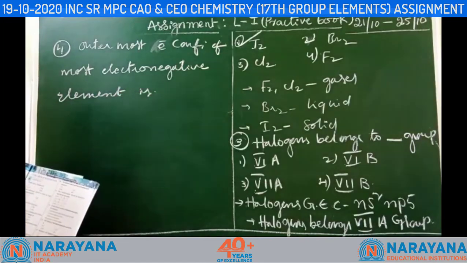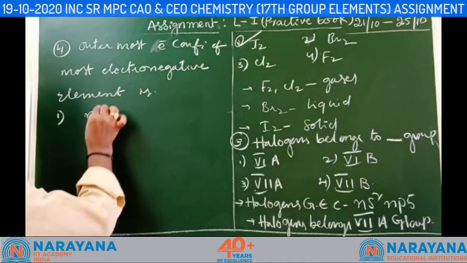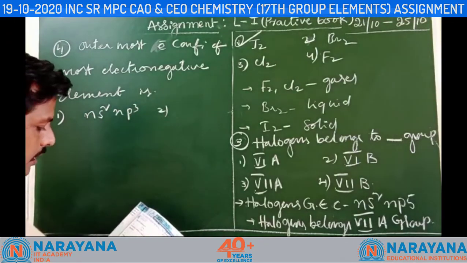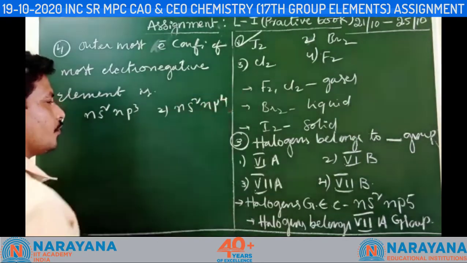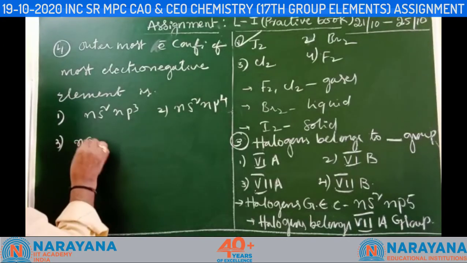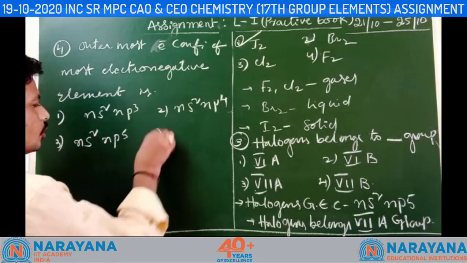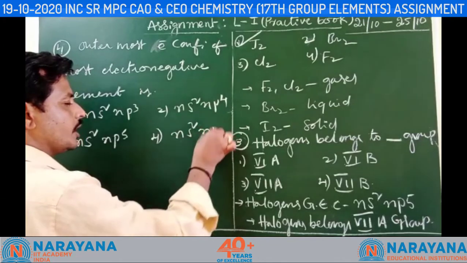This is the question. Options: ns2 np3, and the second option is ns2 np4. Third option is ns2 np5. Fourth option is ns2 np6.